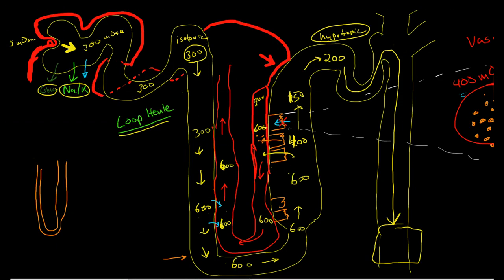Now, as water goes into the vasa recta, it doesn't dilute the vasa recta because the vasa recta has a current moving in the opposite direction. Well, it does dilute the vasa recta, but let me show you. The diluted portion of the vasa recta is moving upstream and away from the hairpin turn. So you end up with 500 here, 400 here, and by the time you get up to the top, you're up to 300. So the countercurrent is allowing what's called a multiplier effect.